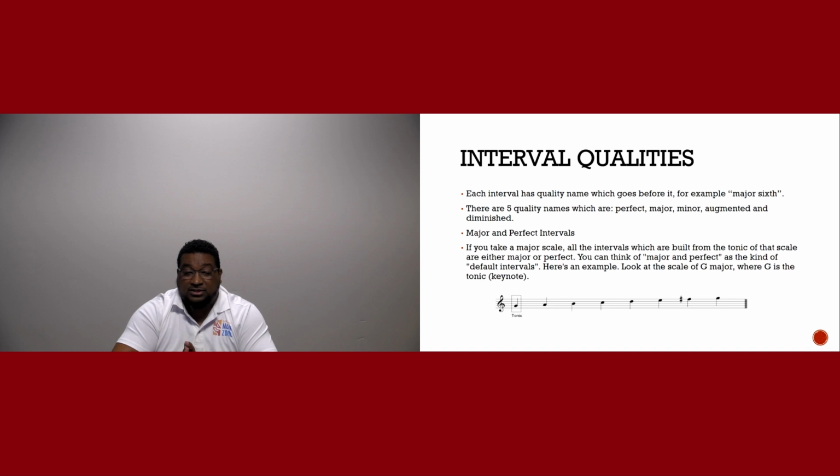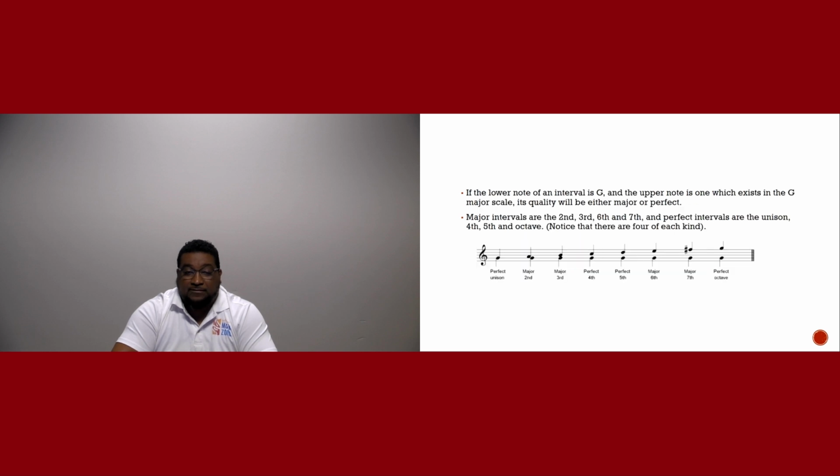An example looks like this. If you look at the scale of G major as represented here, where G is the tonic note, and when we talk about tonic, that's number one in the octave scale, and we go all the way up to G. If the lower note of an interval is G and the upper note is one which exists in the G major scale, its quality will be either major or perfect.